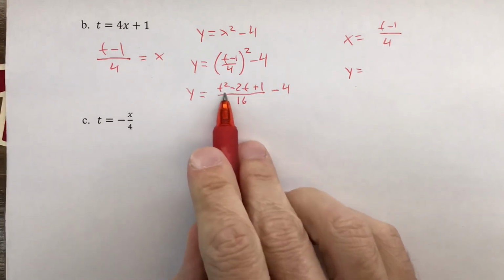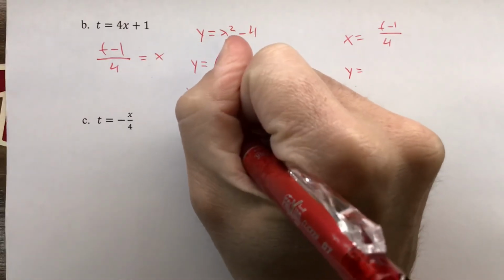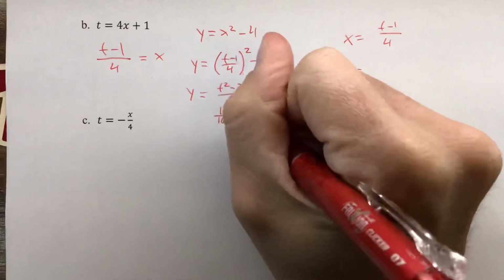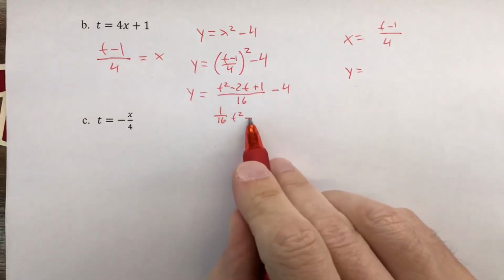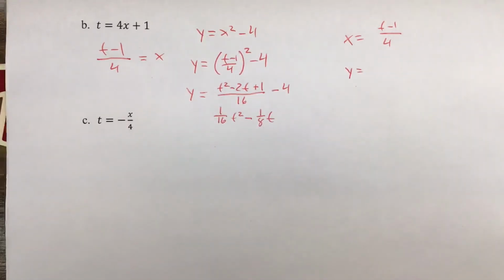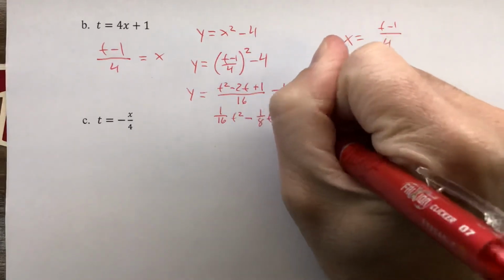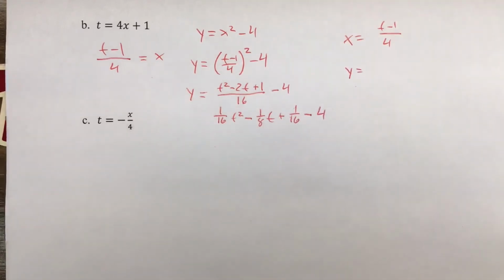Okay, and if I distribute the 16 to each of the terms, what we'll get is 1/16 t squared minus, this will end up being 1/8, so a negative 1/8 t plus 1/16 minus 4.